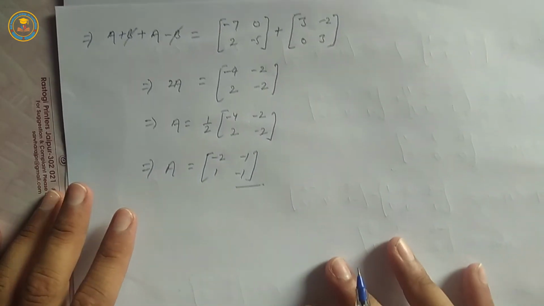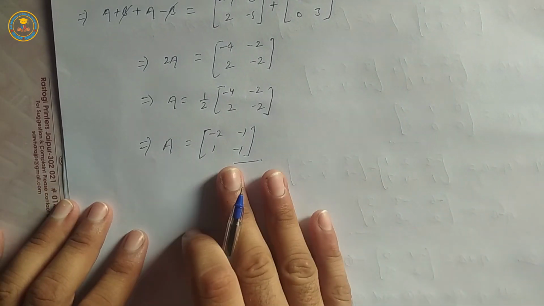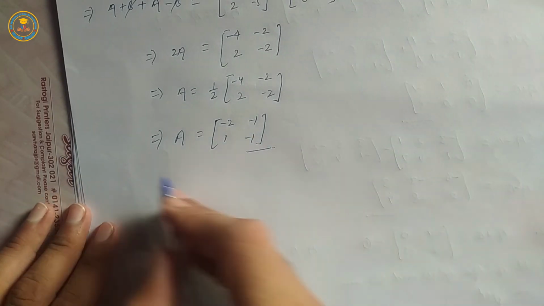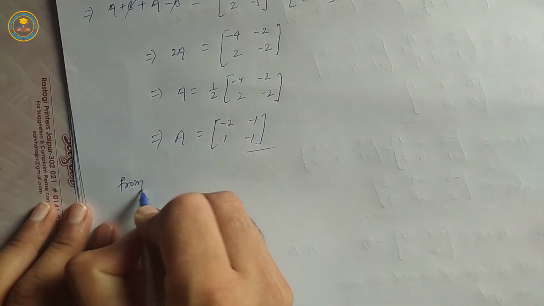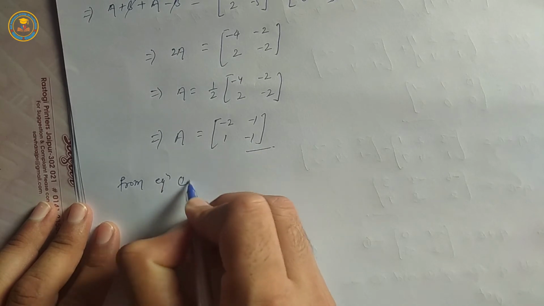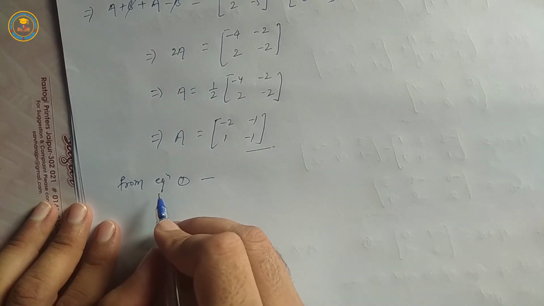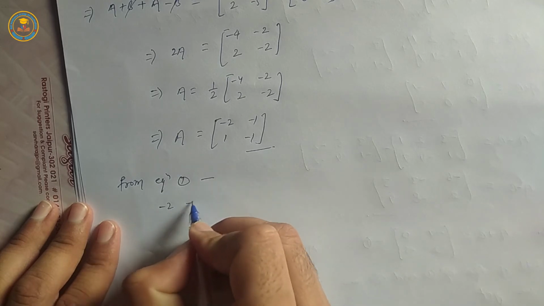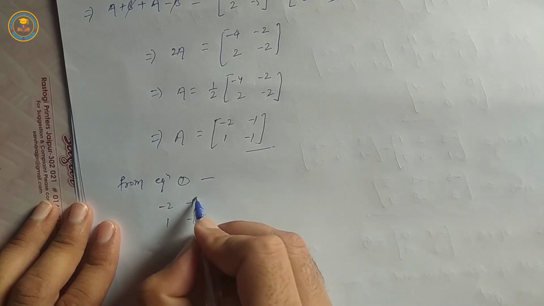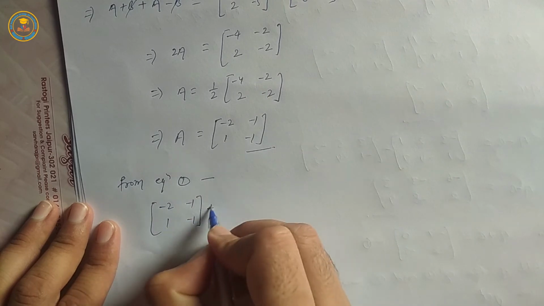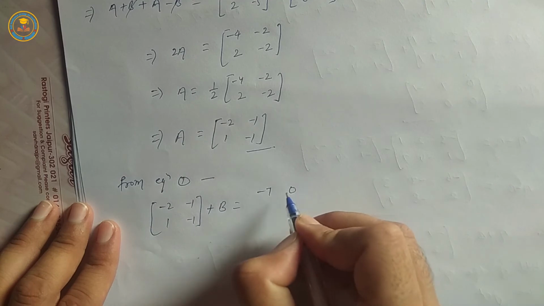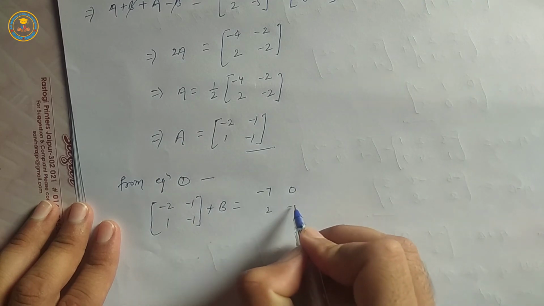Okay, putting the value of matrix A in equation first, from equation first, -2 -1 1 -1 plus B is equal to -7 0 2 -5.